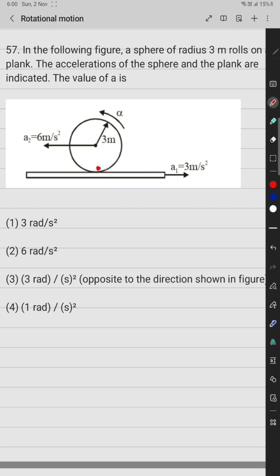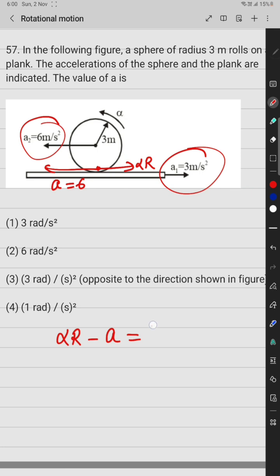According to alpha, the acceleration of this point is alpha into r on the right hand side, and the linear acceleration in this direction is 6 meter per second square, which will be the same for all the particles.